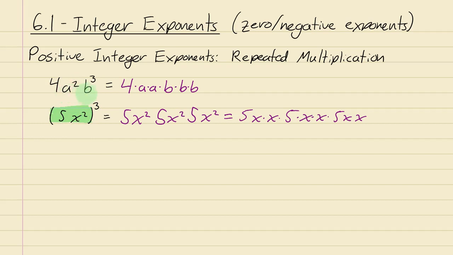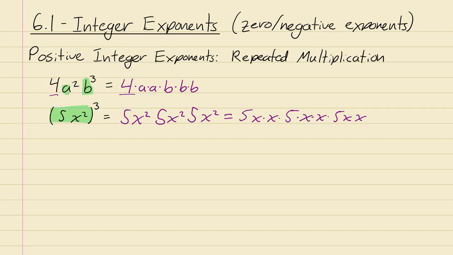But if you don't have parentheses around the whole thing, then the base of the exponent 2 is just a, and the base of the exponent 3 is just b. So you're not doing 4 times itself. There's only one copy of 4 here. Okay, so that's what positive integer exponents mean.